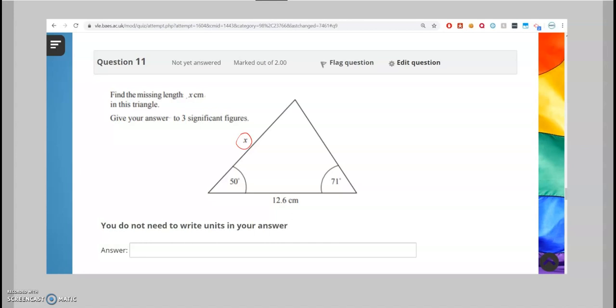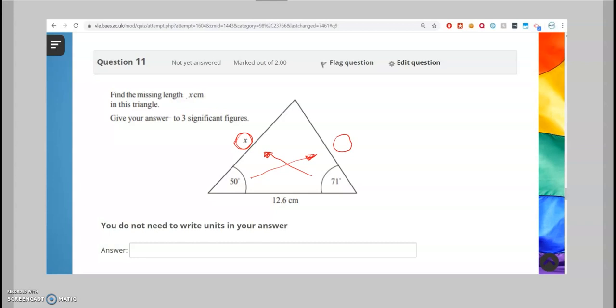So we have this triangle here, and we can see that we have 2 angles given and 1 length. We know that the sine rule looks at the lengths opposite the angles. So we're looking for a length here and a length here. Now we can see the x in there, but there isn't anything in here.